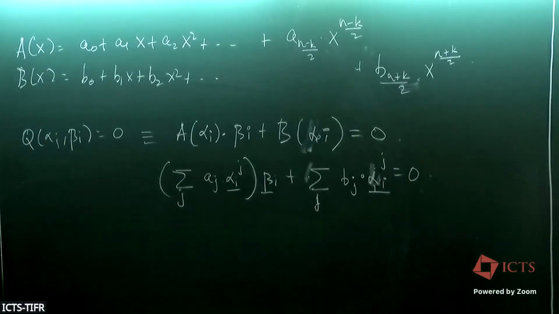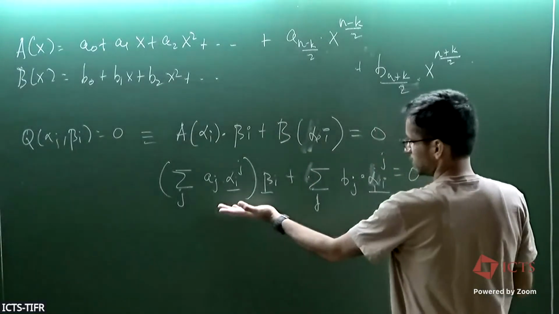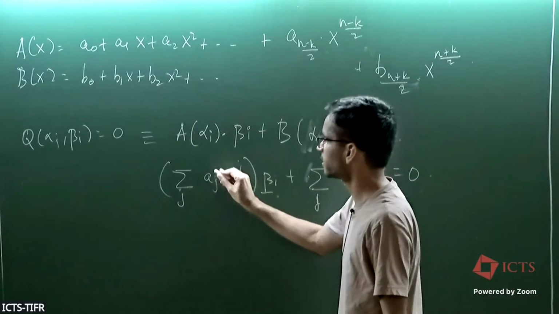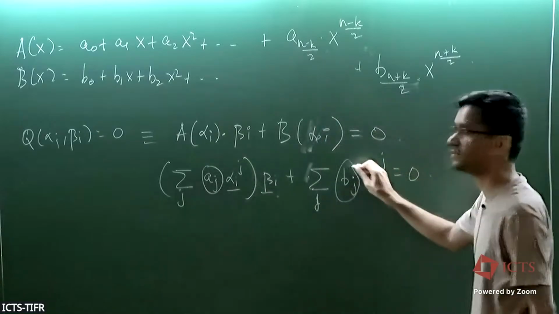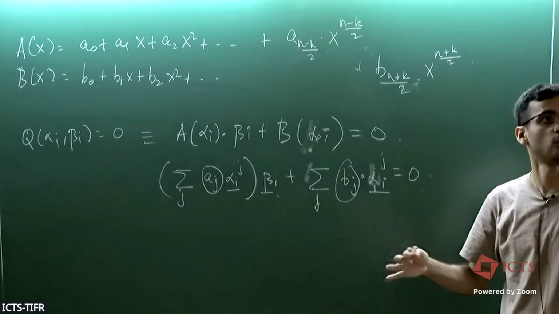All right. So this condition is the same as this condition, but notice that the alphas and betas are known to us. The things that are unknown to us are the little a's and little b's. But this is a linear constraint in the little a's and little b's, a homogeneous linear constraint.